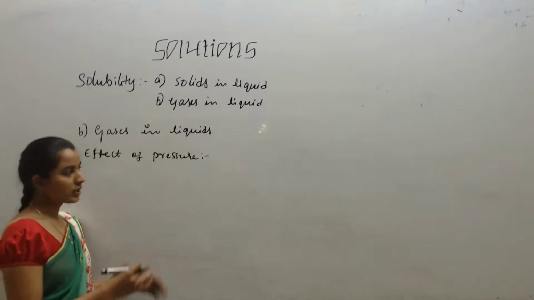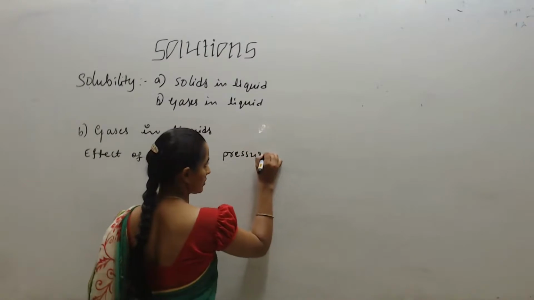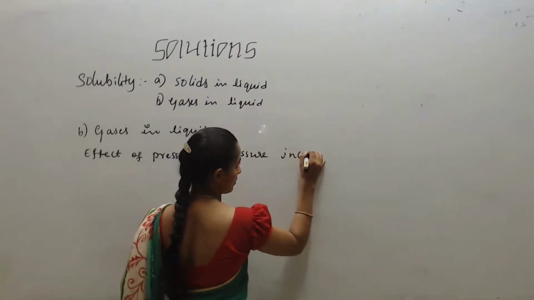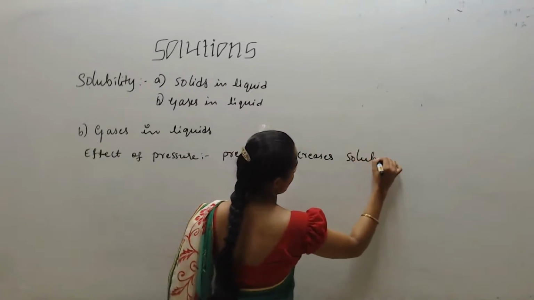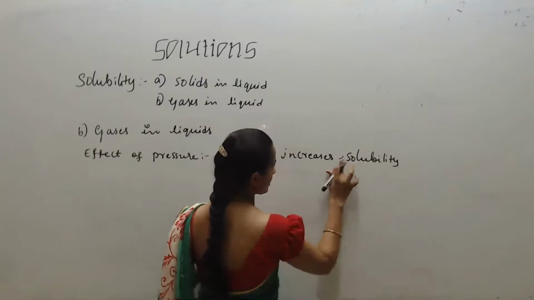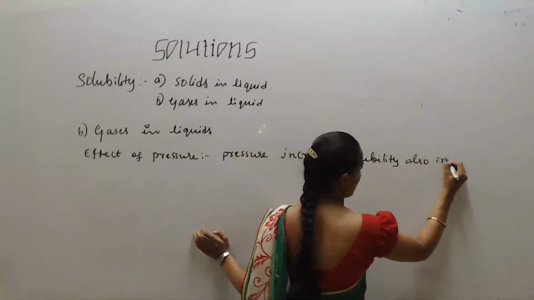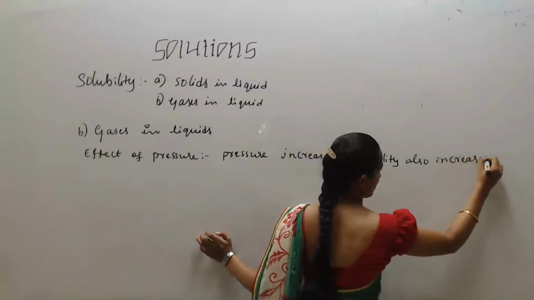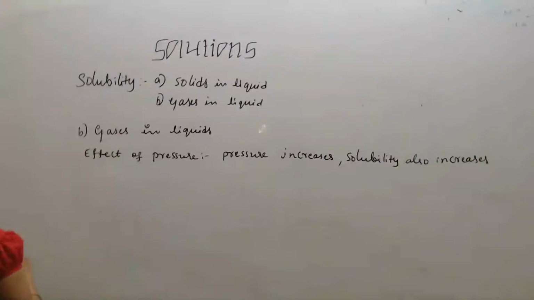I'll write directly: if pressure increases, then solubility also increases. Solubility is directly proportional to pressure. How? I'll draw the diagram here.